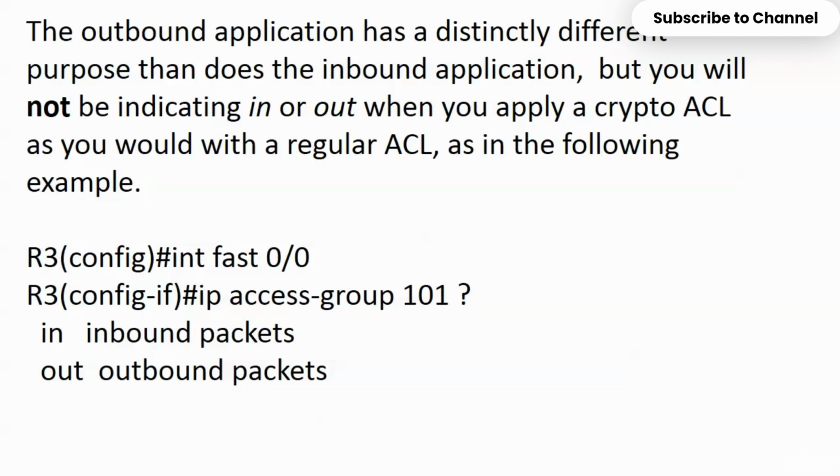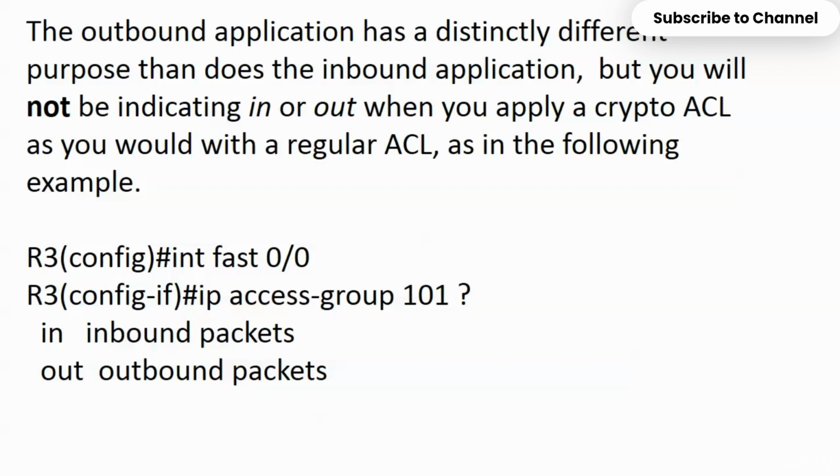Some important rules there, but what might surprise you is that, even though there's such a big difference between outbound and inbound traffic with a crypto ACL, you will not be indicating in or out when you apply a crypto ACL as you would with a regular ACL, as in this example. I did have this in Cisco router font, but when you enlarge that, it really just burns the retina. So I've got it in regular font here for you.